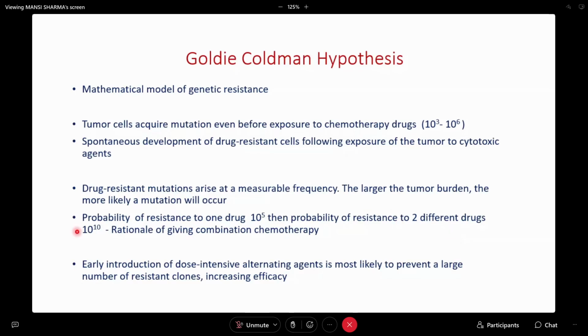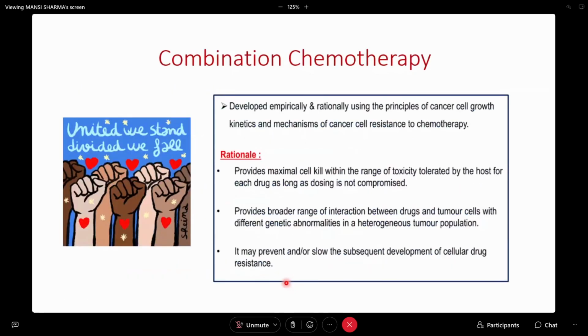An early introduction of dose-intensive alternative agents is most likely to prevent a large number of resistant clones, increasing efficacy. The example that I can think of is your VAC-IE regimen in Ewing sarcoma. So this is how the paradigm shifted from single chemotherapy to combination chemotherapy, and this was all on the basis of these particular tumor models that were studied earlier.